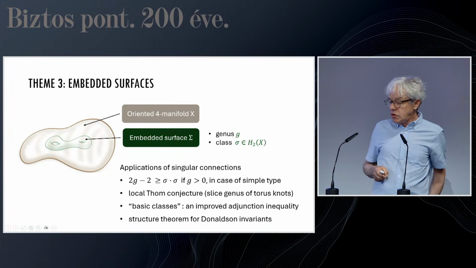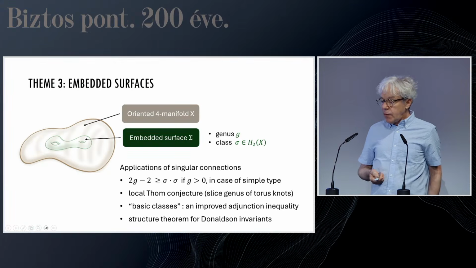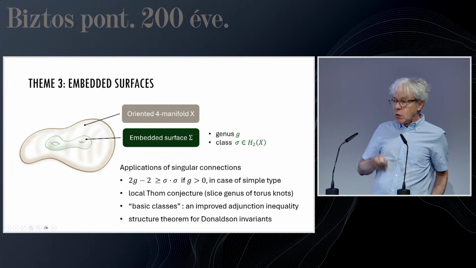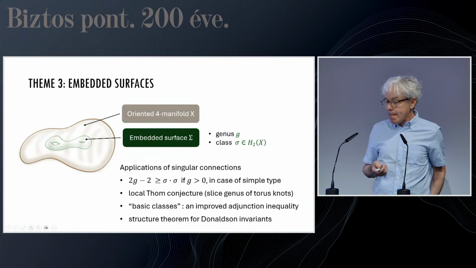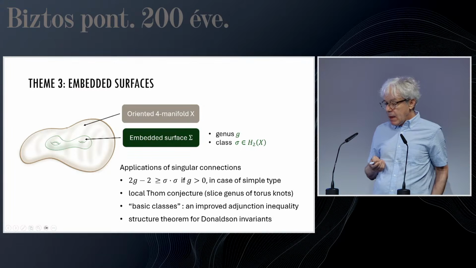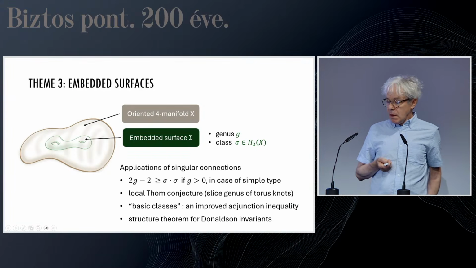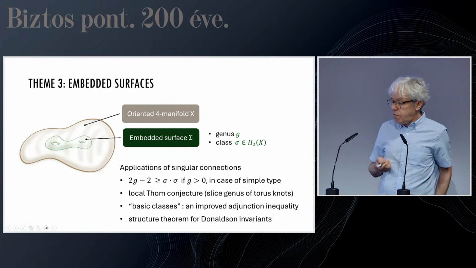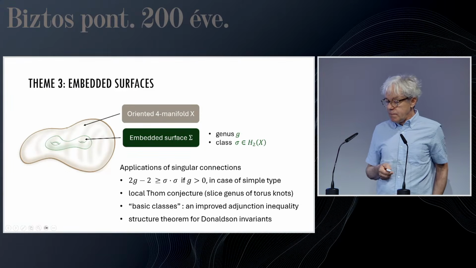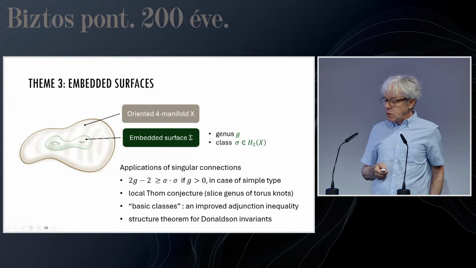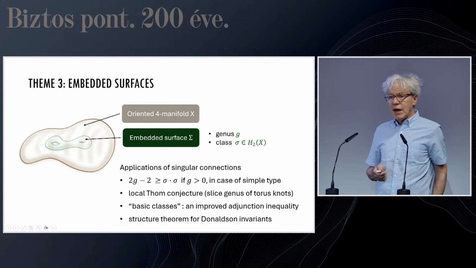That inequality, 2g minus 2 greater than or equal to sigma dot sigma, it's a pleasure to acknowledge that that is jotted down in my lecture notes as a conjecture from a lecture which John Morgan gave at Princeton when I was at the institute there, I think. I may have the timescale slightly wrong.